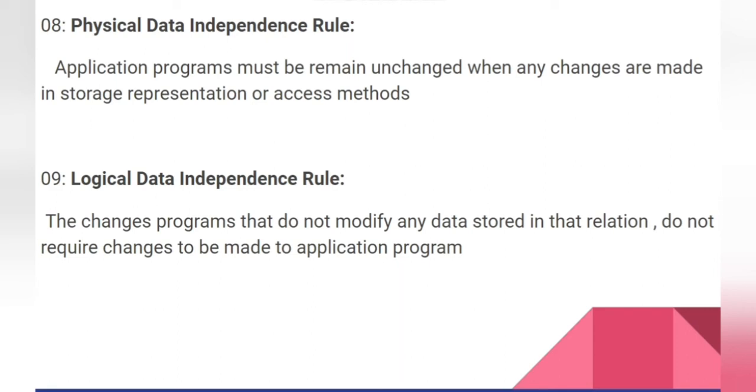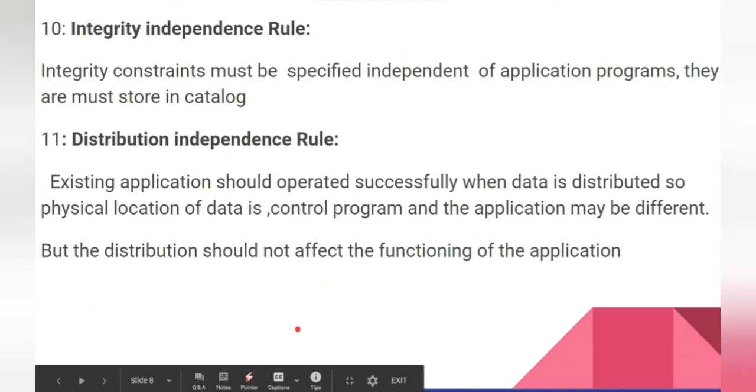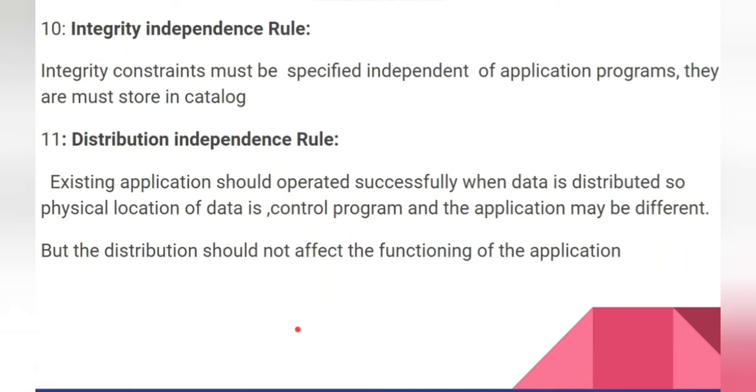In the physical independence rule, we change the representation or storage, and we can modify these things. While in logical data independence, all the logic is presented in software. So when we change the software, it will not affect our relation data. That is rule number 9.